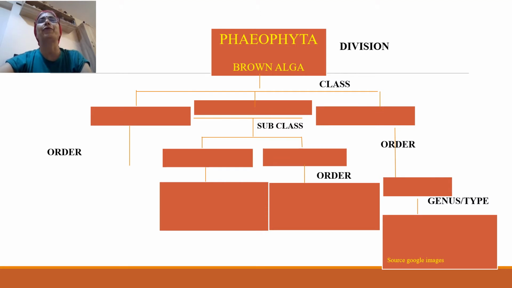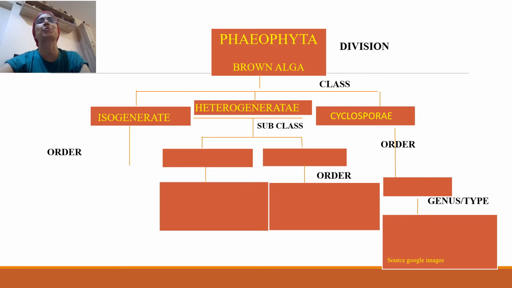This division, Phaeophyta, is commonly called brown algae, and it comprises many kelps. He divided this into 3 classes. What are these classes? These are Isogeneratae, Heterogeneratae, and Cyclosporae. Now in Isogeneratae, the life cycle is completed with isomorphic type of alternation of generation.